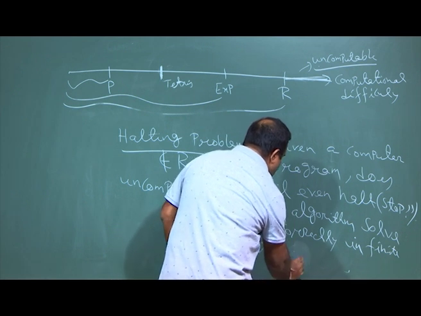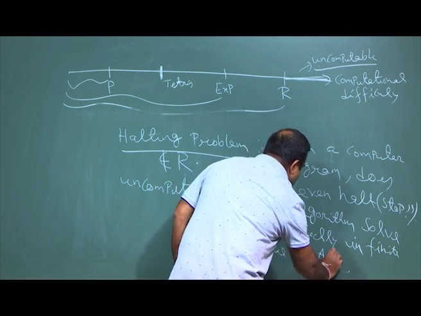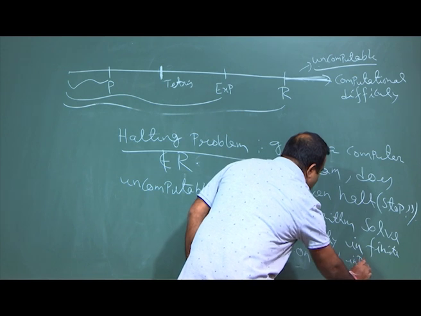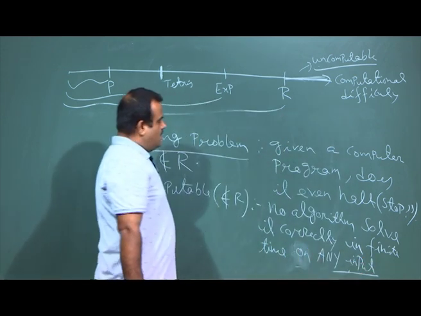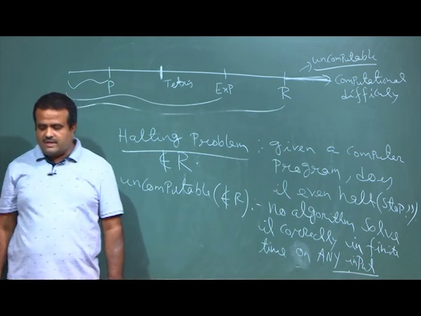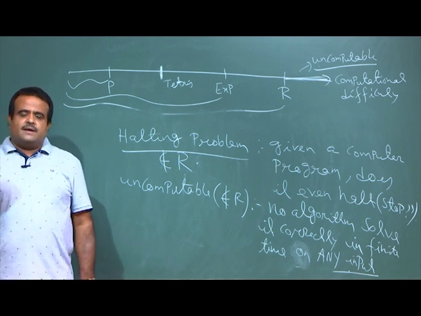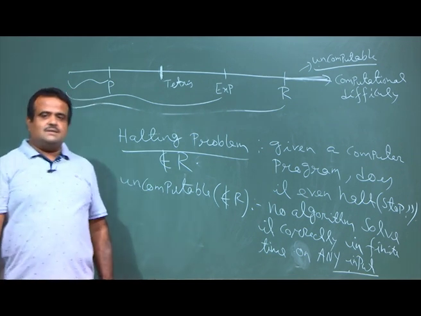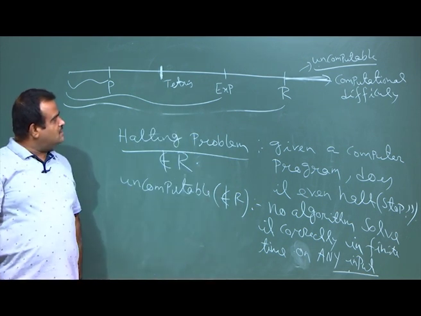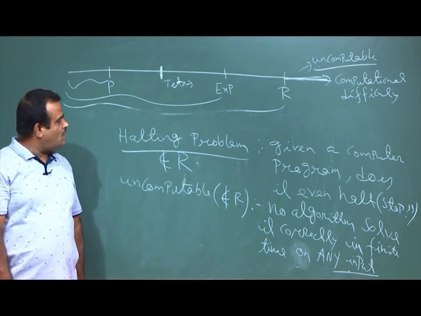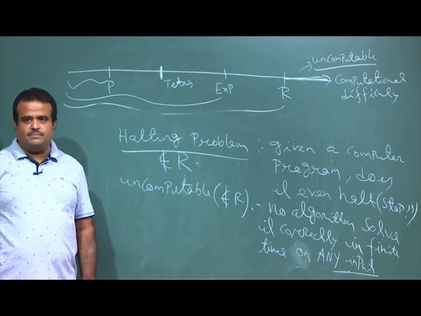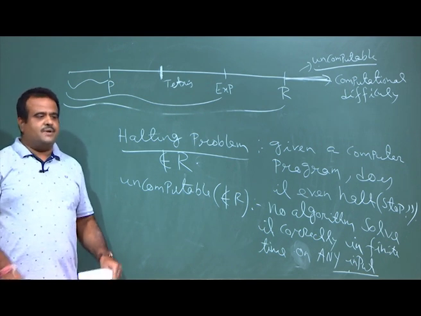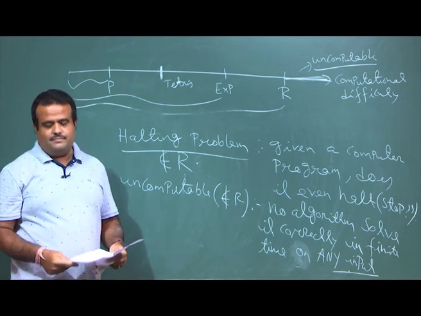There may be certain inputs for which we can say yes, but in general, for an arbitrary input, there is no algorithm which can say that. So, this problem does not belong to R. This problem is an uncomputable problem. In general, this problem may take infinite time.